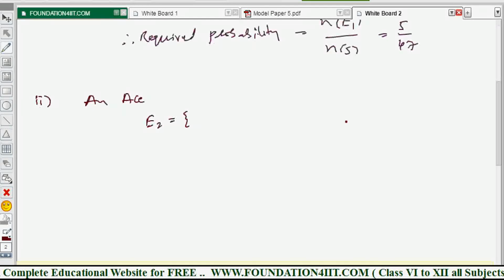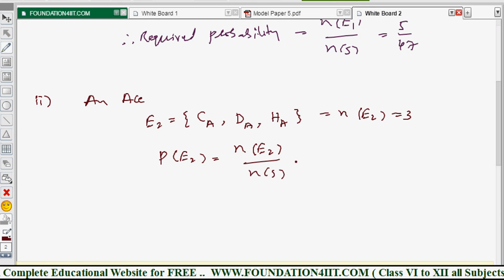So total aces we have 4. The remaining is club ace, diamond ace, and heart ace, because the ace of spade is already removed. So remaining is 3, then n of E2 is equal to 3. Then the probability of the event is n of E2 by n of S, that is 3 by 47.